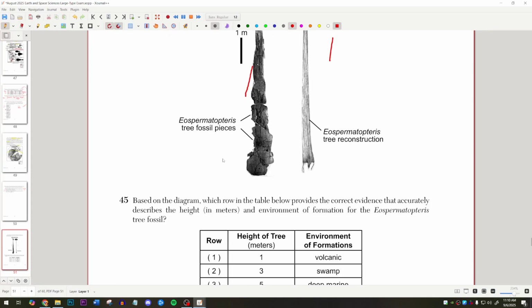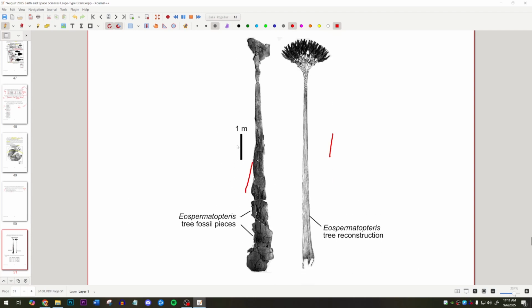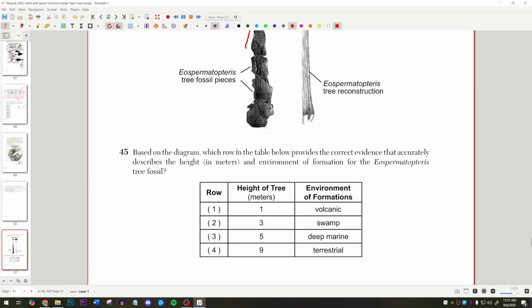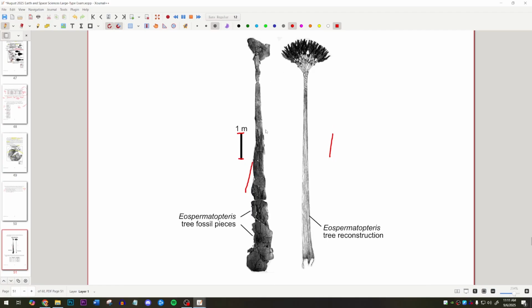Based on the diagram, which row in the table below provides the correct evidence that accurately describes the height and environment of formation of the tree fossil? So, look at this. This is 1 meter. So they want you to use this line to figure out how many meters this would be. You would have to literally mark this distance on a piece of paper and then see how many times you could fit it onto this picture.